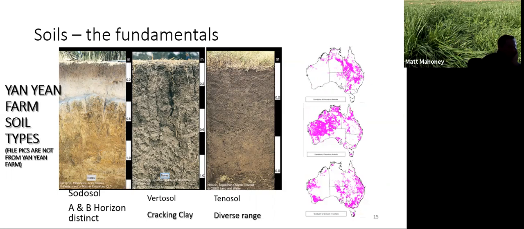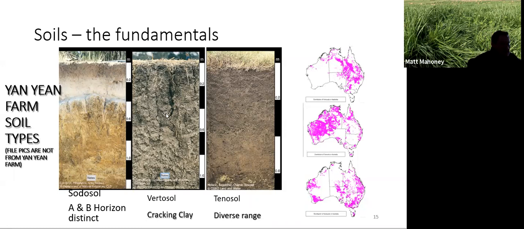The soils in those lower areas had grey sodosols and also tenosols. On the western edge of the property, they actually found some Quaternary basalt flows, which gave rise to a deep black vertisol.